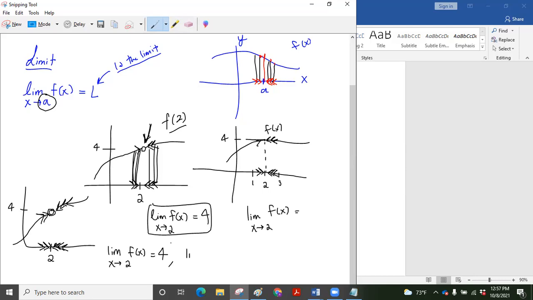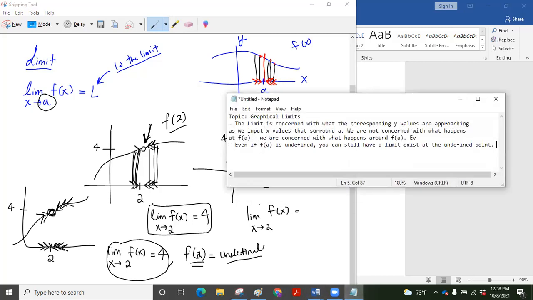But now if I ask you, what is f of 2? Well, you would have to say that point is undefined, right? Because f of 2 is not defined, but the limit can exist at an undefined point.